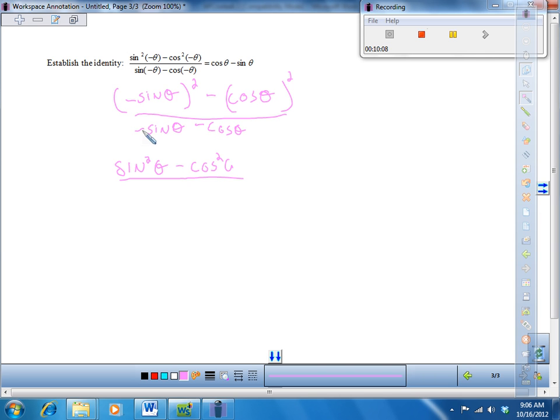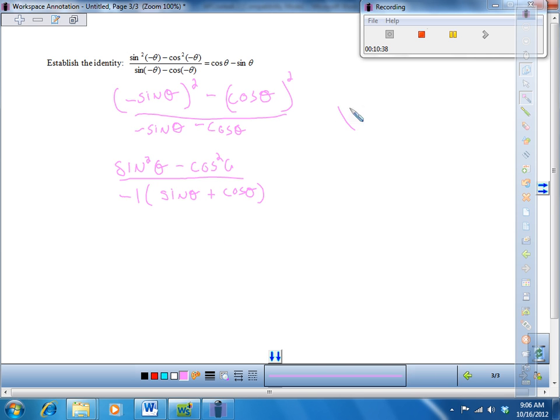I don't like having a negative sign in front because I'm going to do something here. What am I going to do? This is what I'm going to do. I'm going to pull out a negative 1, and I'm going to get a sine theta, negative 1, plus cosine theta. Why on earth would I want to do that?